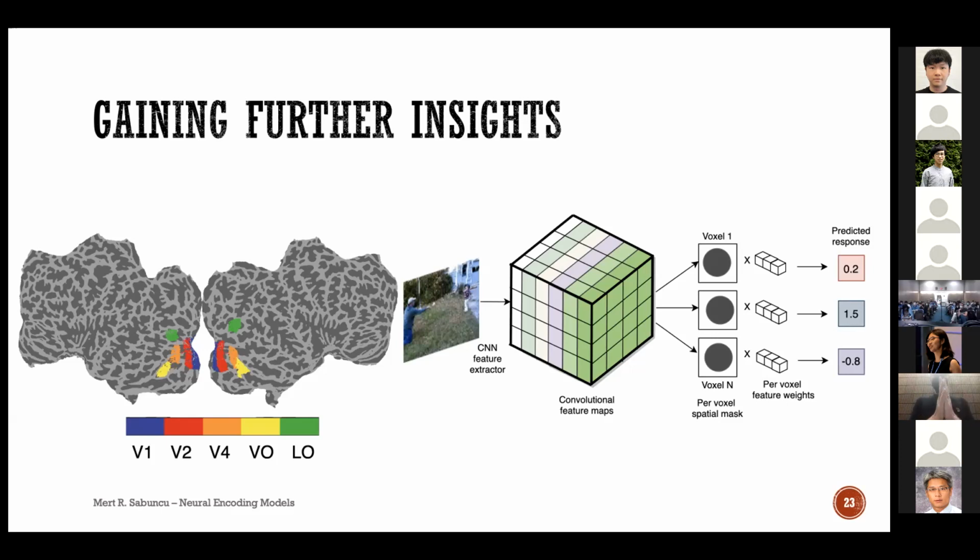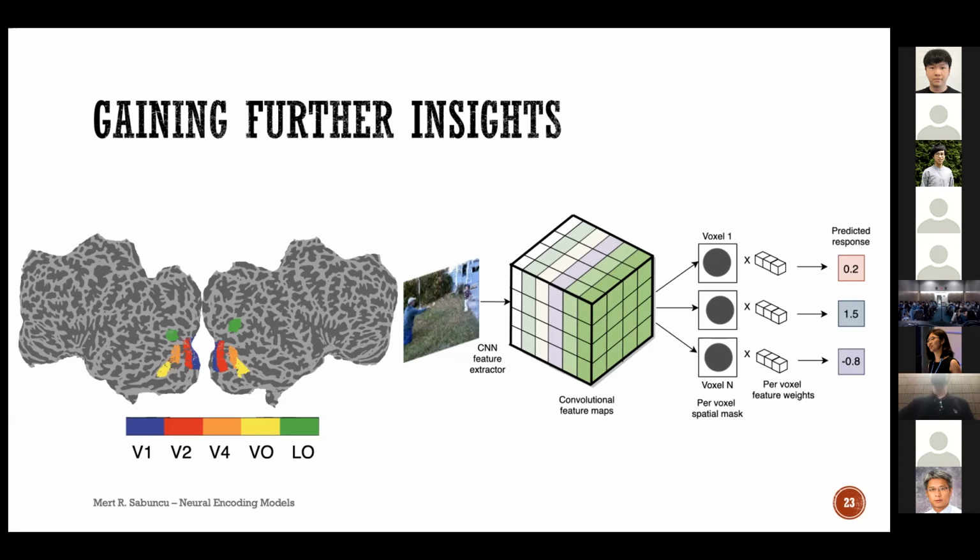But in this particular work, we were interested in whether we can design the piece of the neural encoding model that predicts the response of the brain in a way that could give us insights about, especially in visual neuroscience research, where a lot of research is about characterizing what and where a particular brain region is responding to in a visual scene.